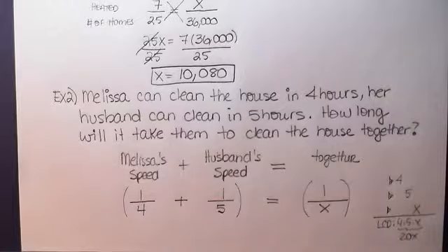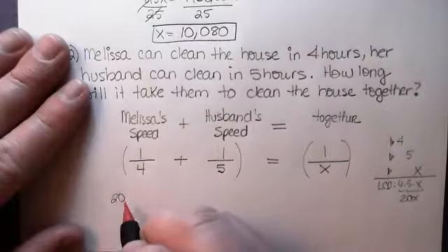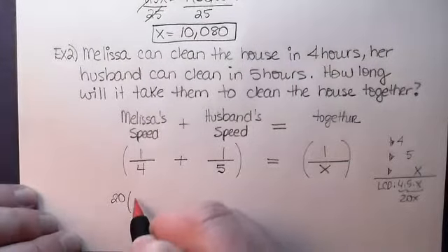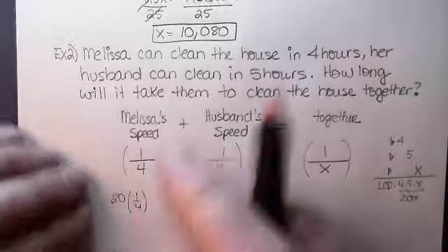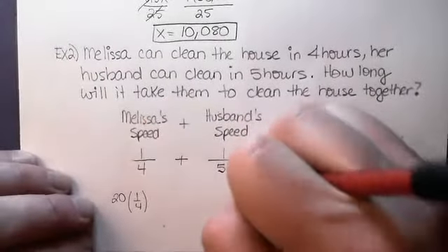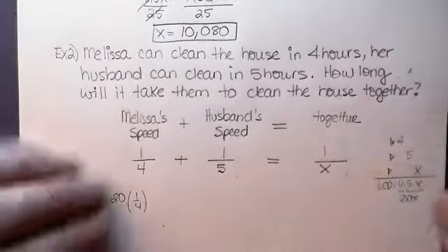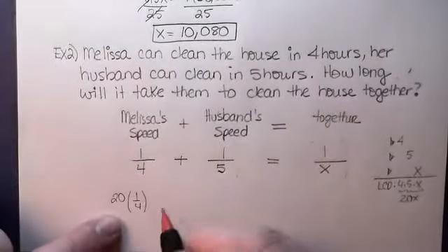So in other words, I'm going to multiply each term over here by 20. So it'll be 20 times 1 over 4. Alright. So basically I'm taking each term here and multiplying by 20.